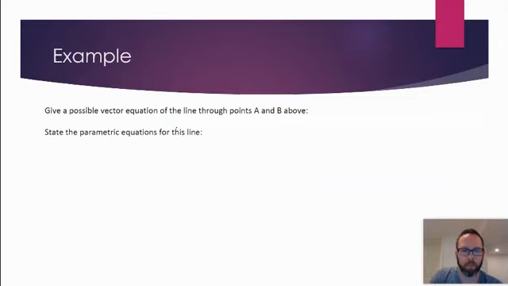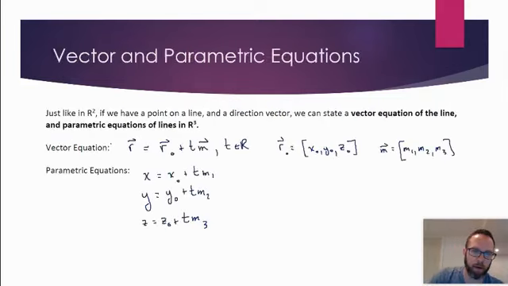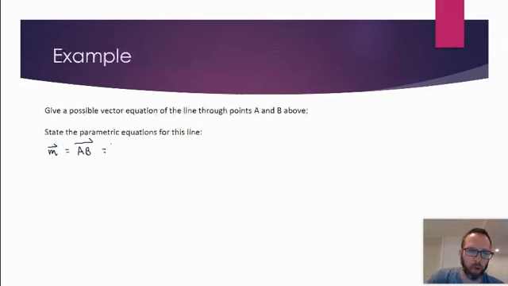So in the above example, we've already calculated m by finding the vector AB, a possible direction vector, and we got 1, -7, 4. Of course, BA would work too: -1, 7, -4. Any scalar multiple of this would work.